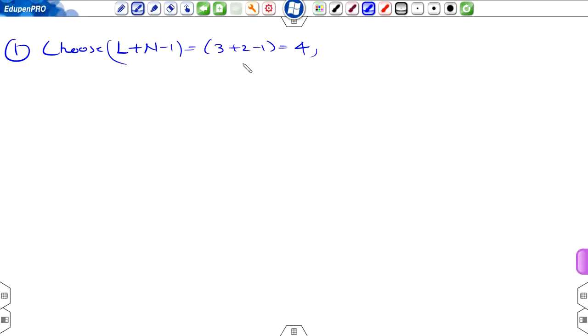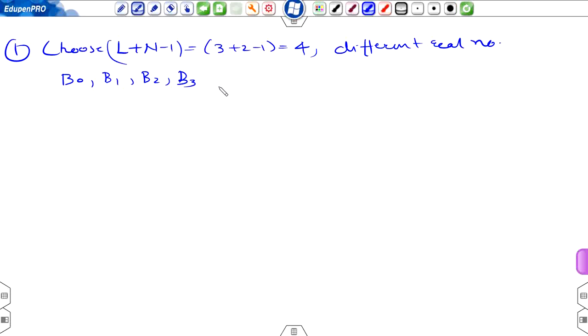You have to choose 4 different real numbers: beta 0, beta 1, beta 2 and beta 3, that is from beta 0 to beta L plus n minus 2.